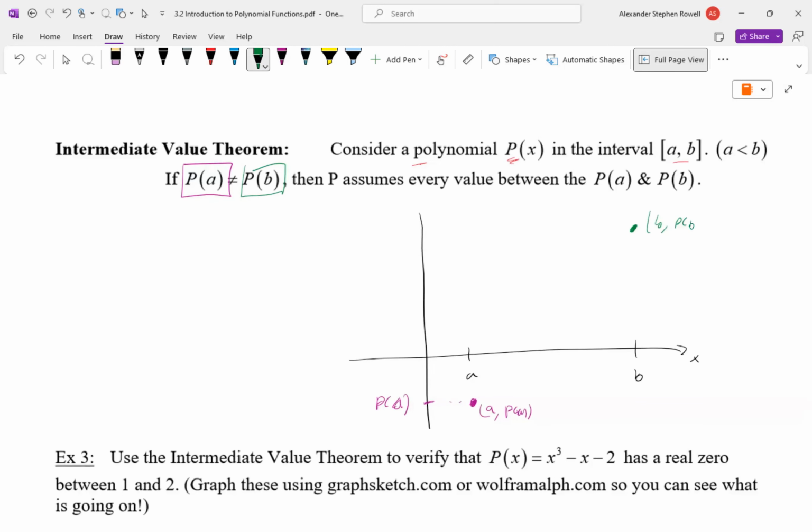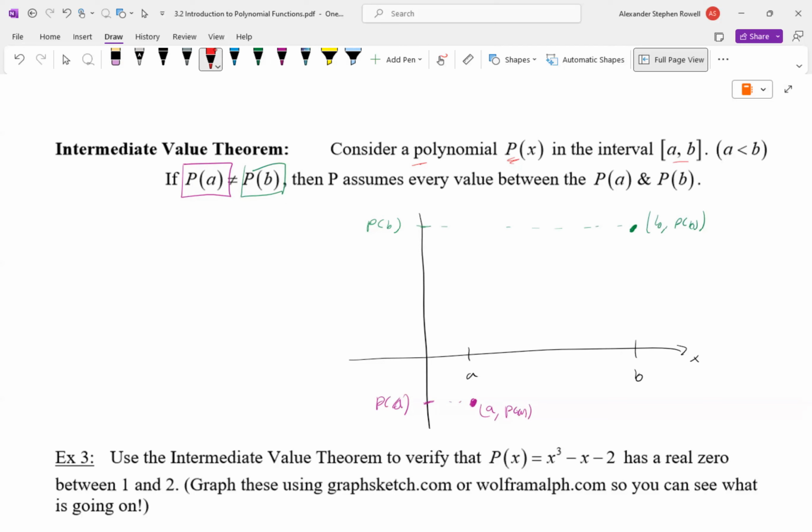b, p of b. Okay, if the y values are not equal, what the intermediate value theorem says is I have to hit every value between p of a and p of b. So what do we know about the graphs of polynomial functions? We have two words to describe them. Look back in the notes. Smooth and continuous.